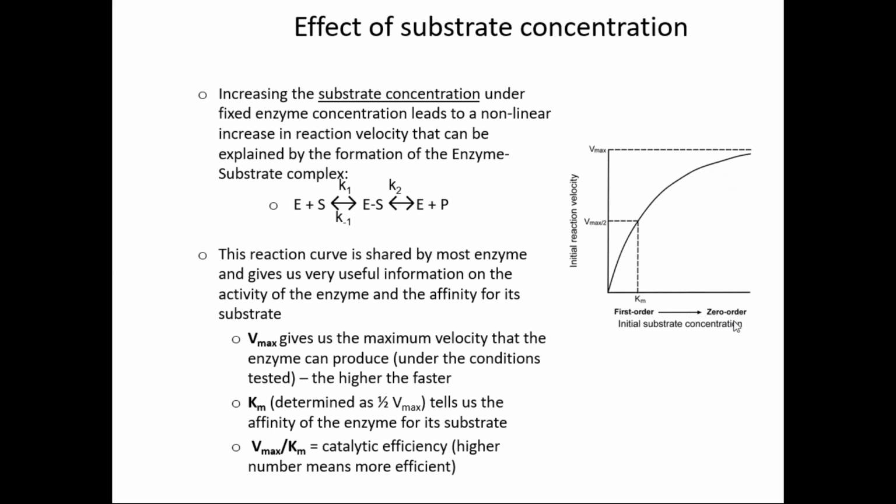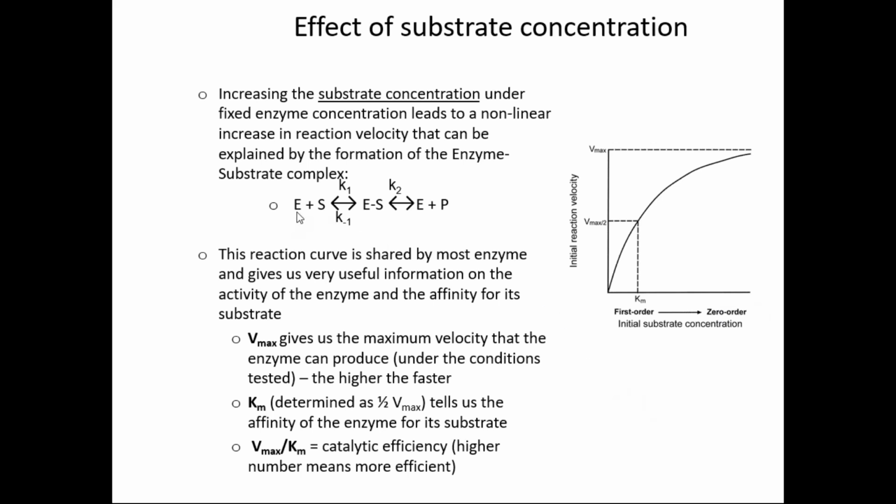Here we say the enzyme follows zero order kinetics. So at low substrate concentration it follows first order kinetics, and at high substrate concentration you have zero order kinetics. That is, however high you feed the substrate, the rate of the reaction will remain the same. And each of these reaction rates is governed by a constant.